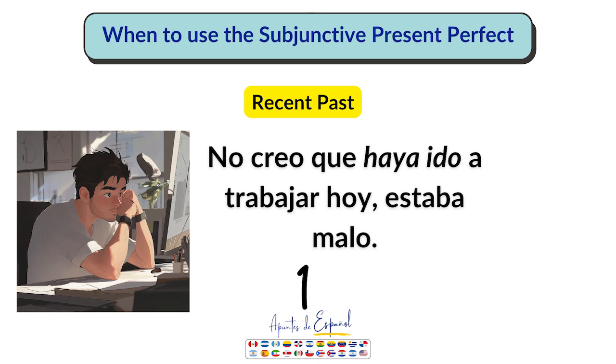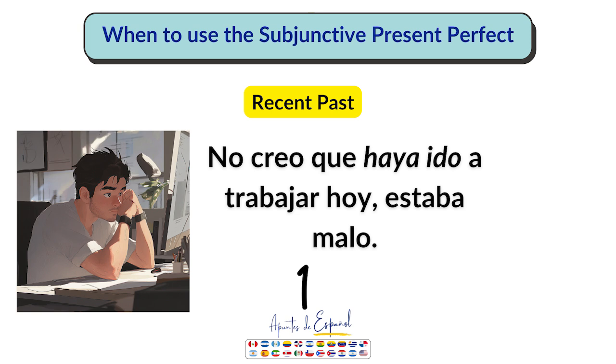Estaba malo. In the sentence, no creo que haya ido a trabajar hoy, estaba malo, we find the no creo, which is a sign of uncertainty. I can say no creo, no pienso que. Those triggers open the door to using the subjunctive since we are uncertain of the idea. Therefore, it is required to use haya ido instead of ha ido.